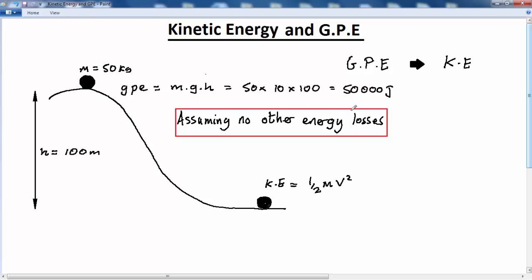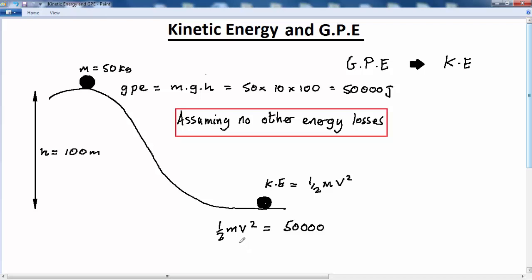And then we'll say, well, that 50,000 joules has been converted to kinetic energy. So we can now say that a half mv squared, that is the kinetic energy of the rock, is equal to 50,000, because we've assumed that no other energy loss has taken place.